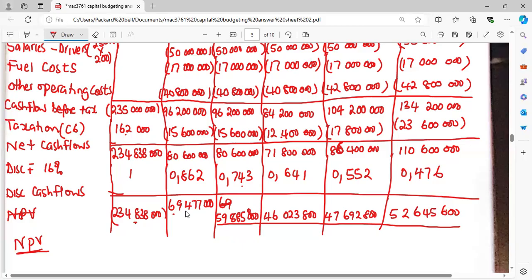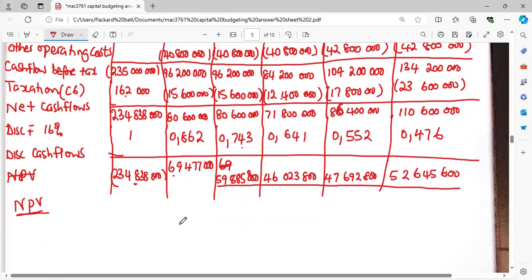So we compare that with the capital that was invested. If the capital that was invested is less than the discounted cash flows, then we have a positive net present value. So how much are we going to have? Let's quickly add so that we can finish this. I got 275 million 725,000.